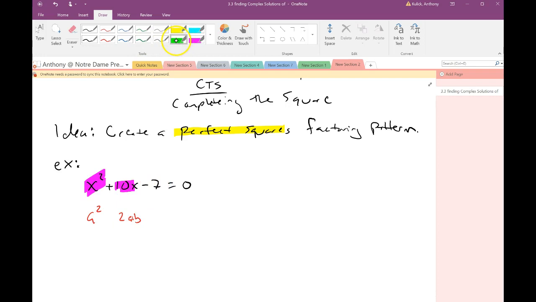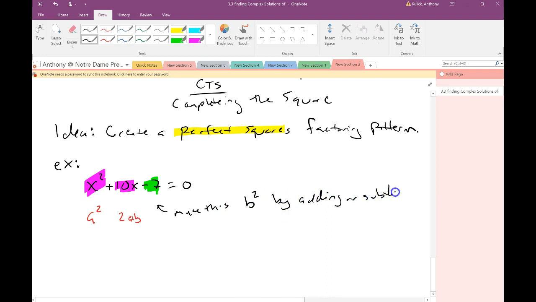And then I'm going to make this part b squared by adding or subtracting from both sides.